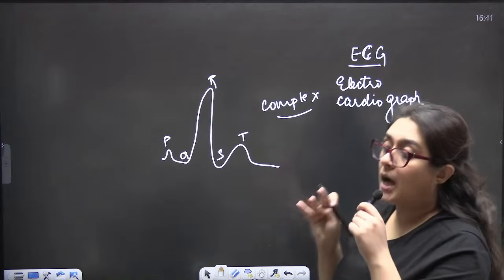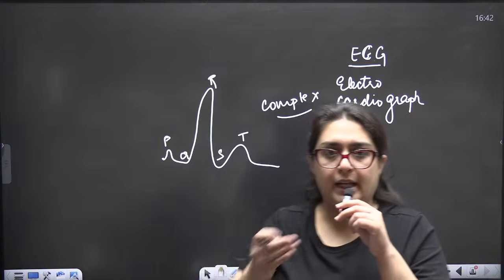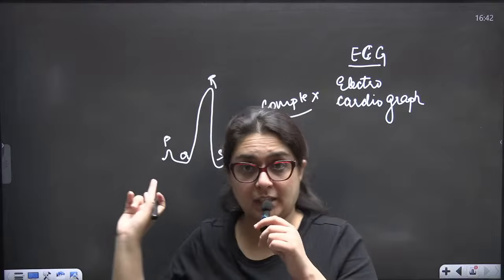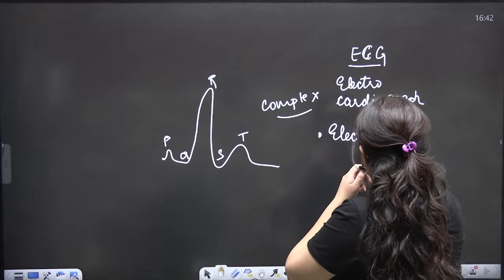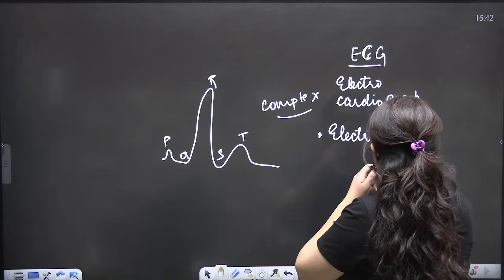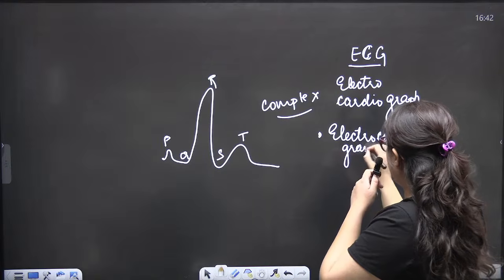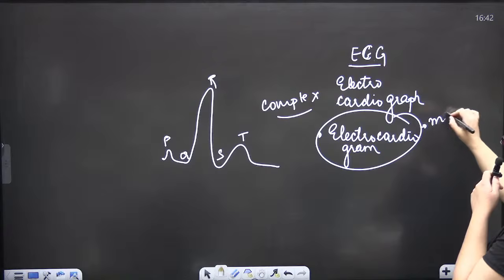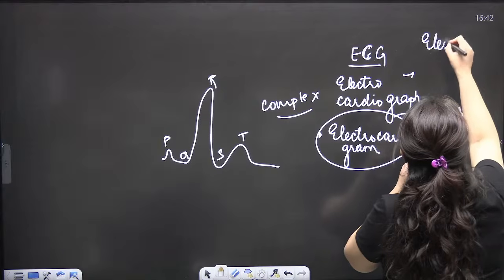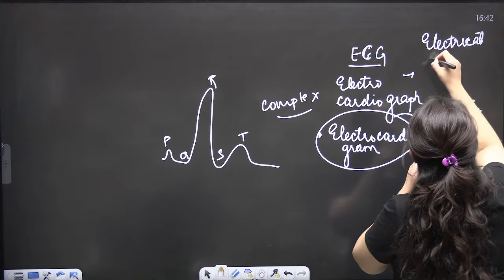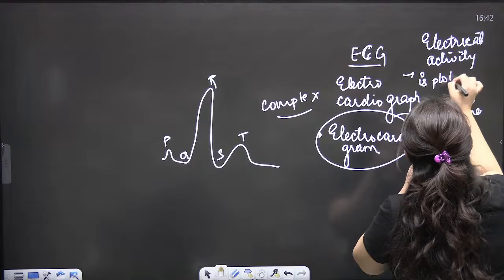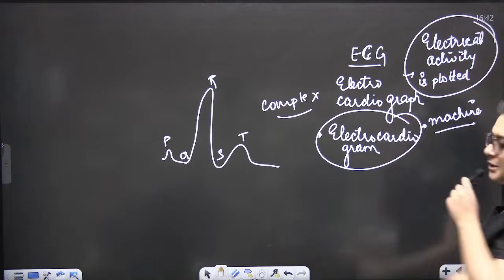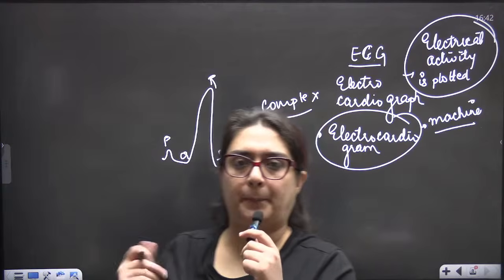Electrocardiograph means it is a machine that plots the cardiac activity of the heart, that is the cardiac cycle, in a graph, which is known as an electrocardiogram. The paper on which the electrical activities are noted is the electrocardiogram, and the machine is the electrocardiograph. Electrical activity is plotted.